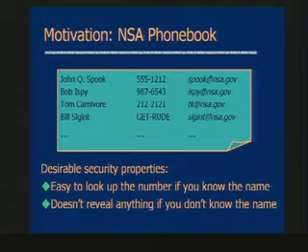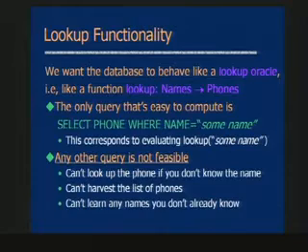It gets more complicated later on. I'm saying that some forms of access should be easy and some should be hard. It's easy to look up the number if you know the name, but if you don't know the name, it does not reveal anything. You cannot get a list of names out of it, and you cannot get a list of emails. The only thing you can do is supply a name and get out the corresponding phone and email.